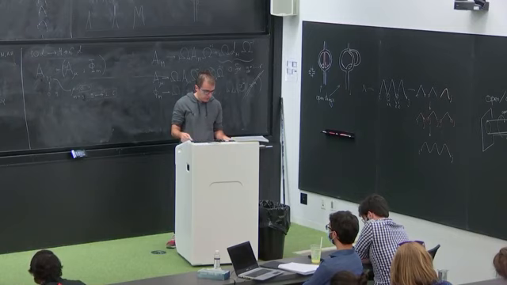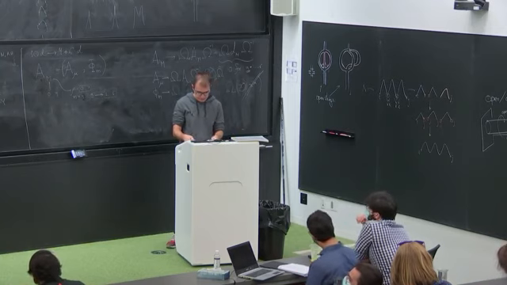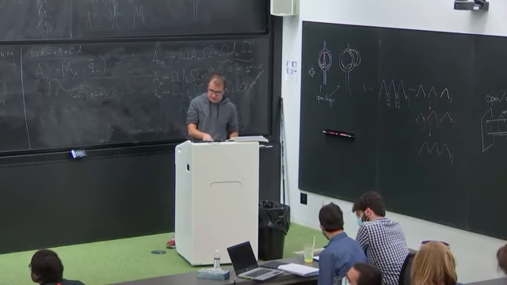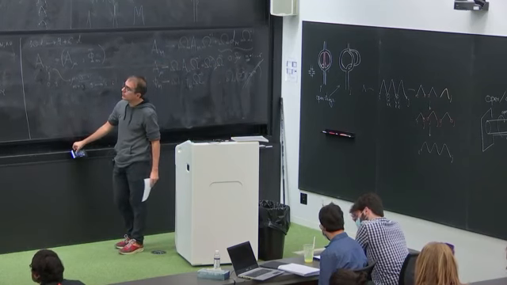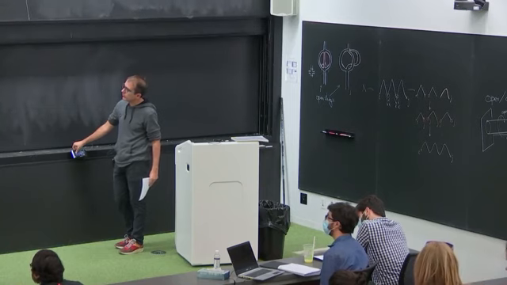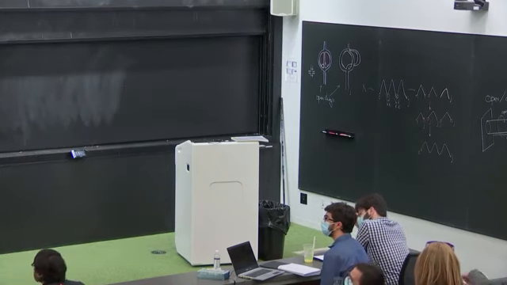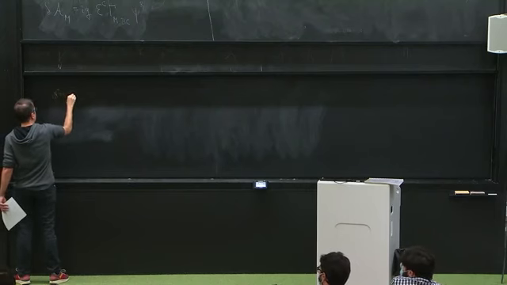Now let's go back to our page. I want to go back to this page now. So now we have this theory, and we will show soon that N equals 4 is conformal.